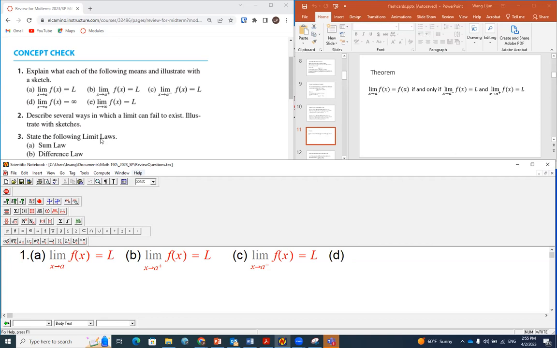D, okay, as x approaching A, infinite limit. So that's a contradictory frame. So this is infinity, D. We also need to understand when the limit is infinite, it doesn't have a limit. Okay, that's what I would like to emphasize.